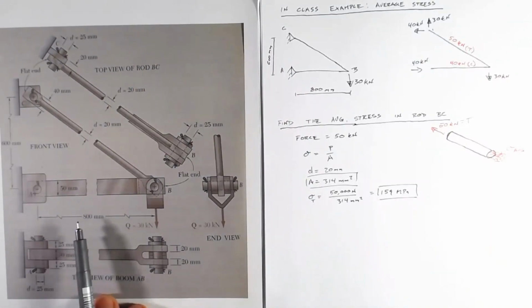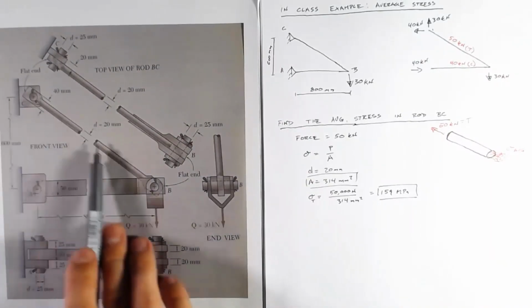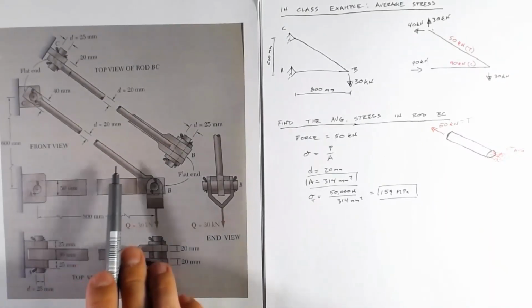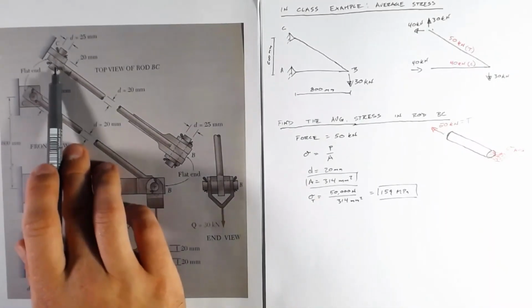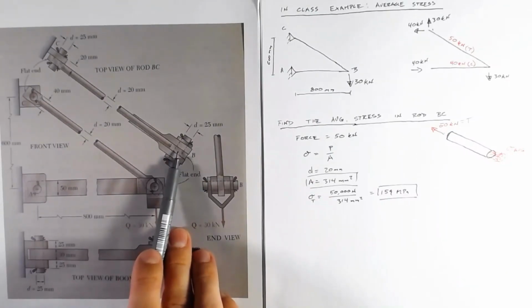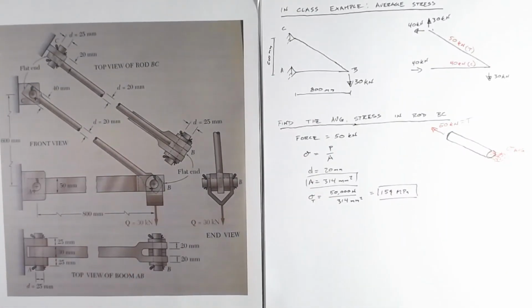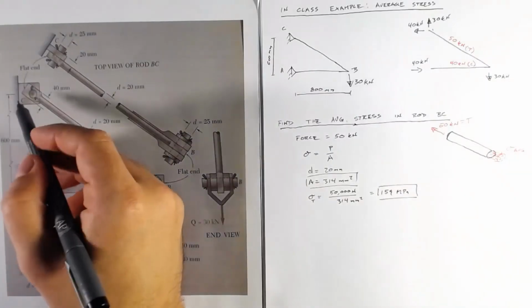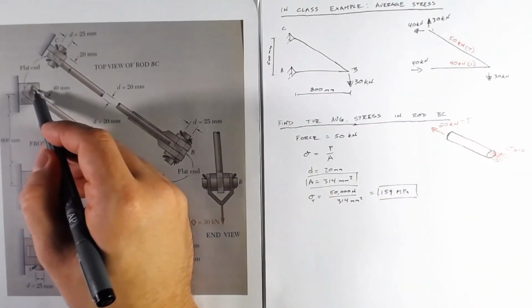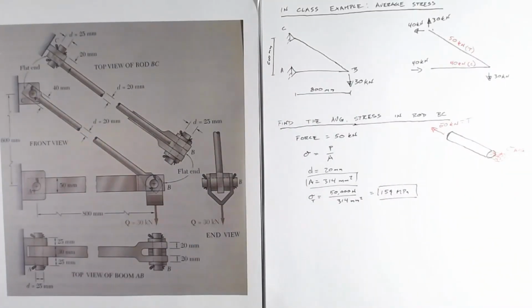That's throughout this midsection here. If we look closely at rod BC, we can see that the ends flatten out. By flattening out, they're going to have a different section, so a different area, which means there's going to be a different stress there. What's more, they have this hole in them to allow the pin to go through.